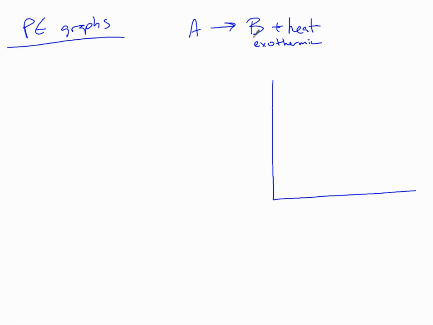So how is the energy of A related to B? My firewood has more potential energy than my ashes, right? And so let's just look at how they are starting off. Here's the potential energy of A, and maybe here's the potential energy of B. Maybe even lower than that, whatever.